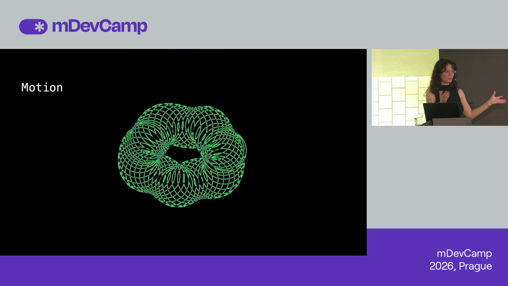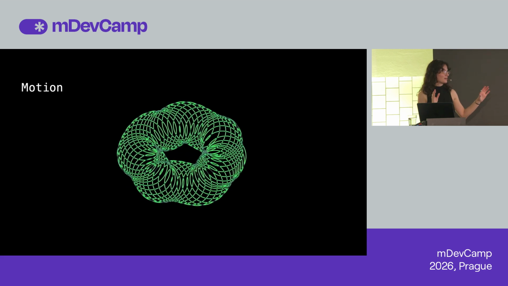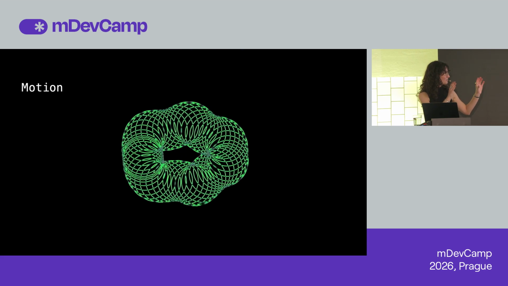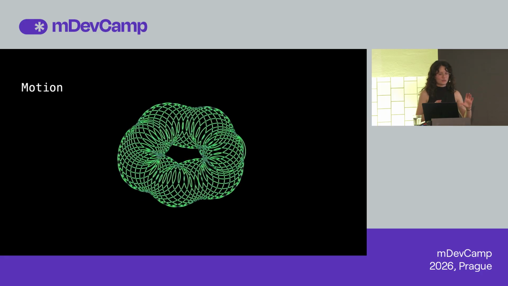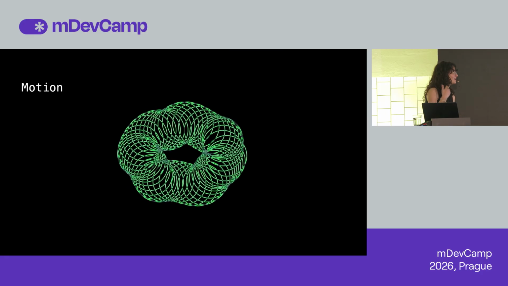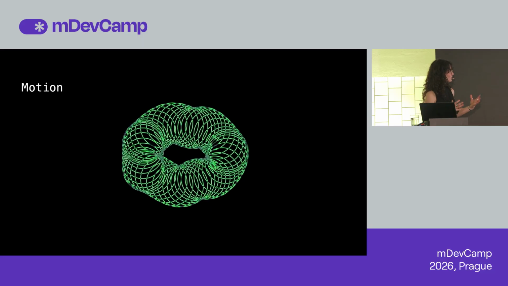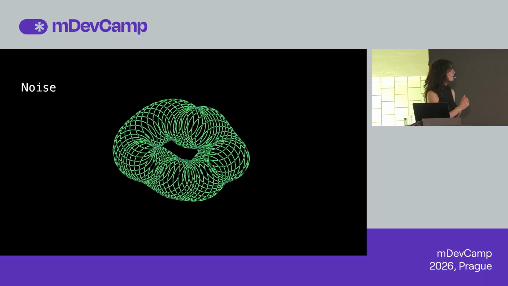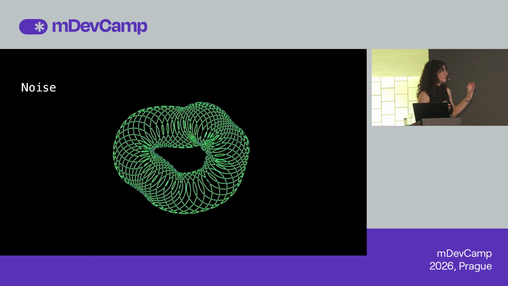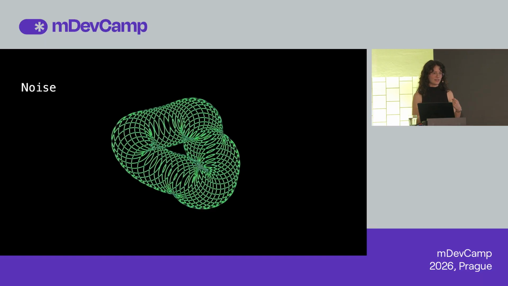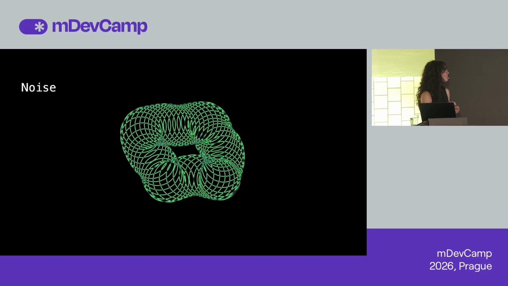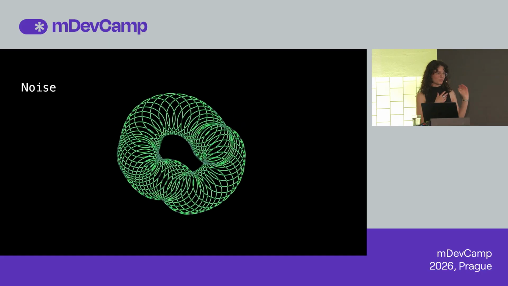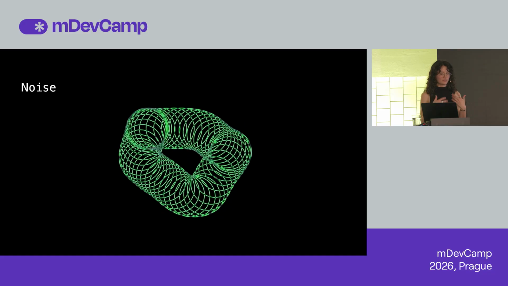And then you make it move. This is where we mentioned the TimelineView. It evolves over time, and it updates the view continuously. And this is where creative coding gets interesting, because you apply noise. Noise is controlled randomness.